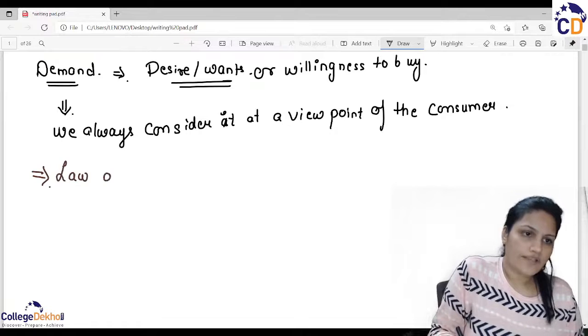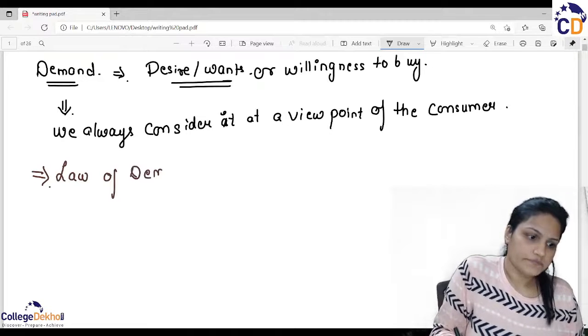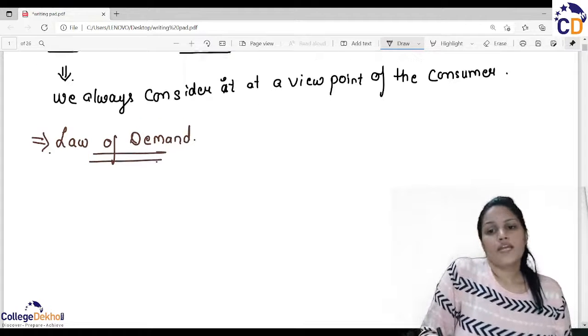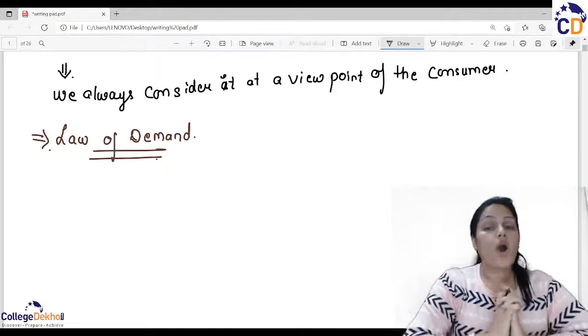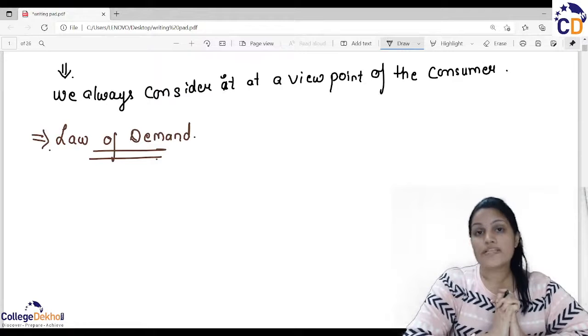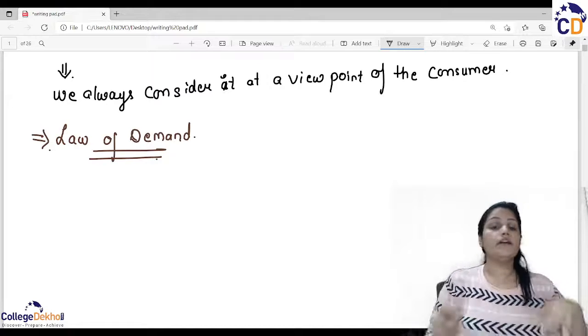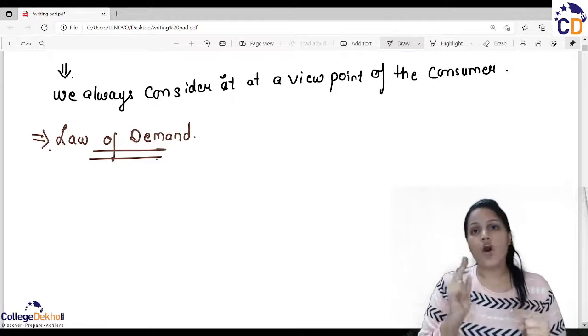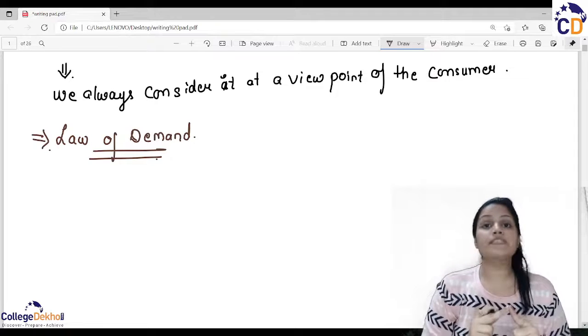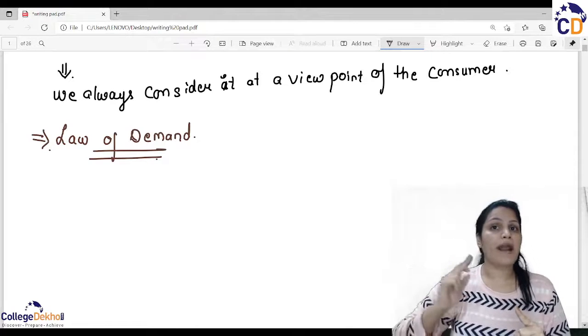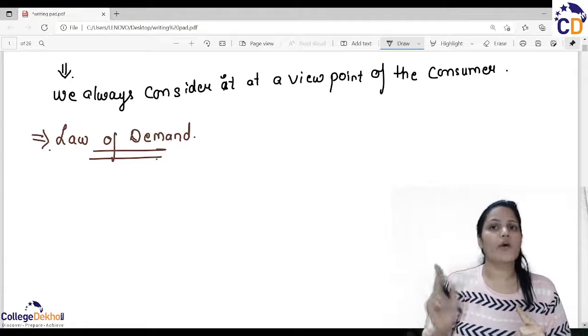Now the topic is the law of demand. What is the law behind the demand? Because a law is always made as per the situation and practical examples of the surroundings.